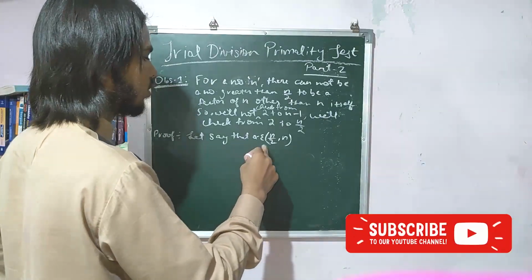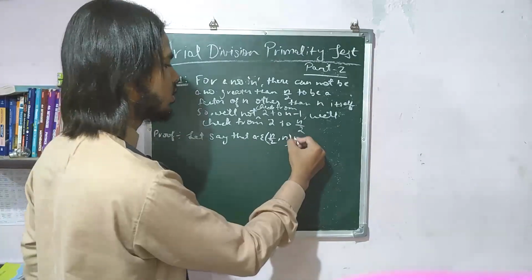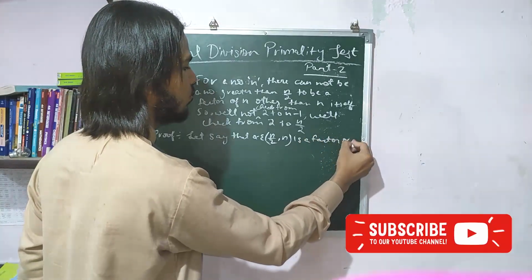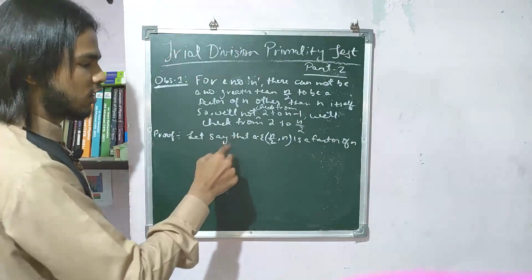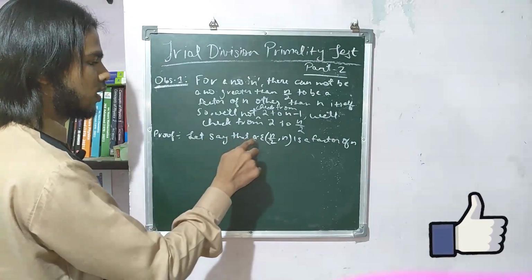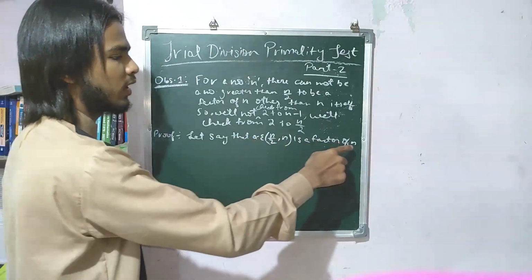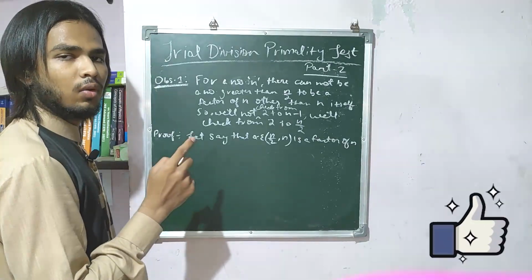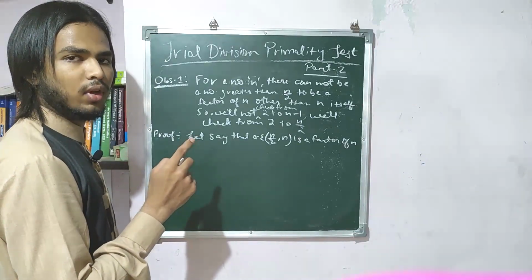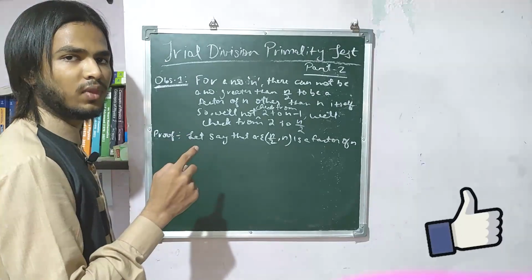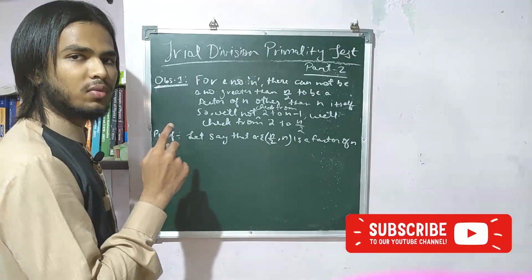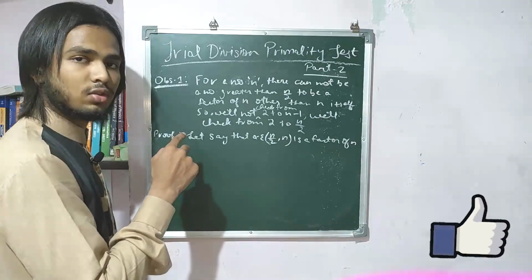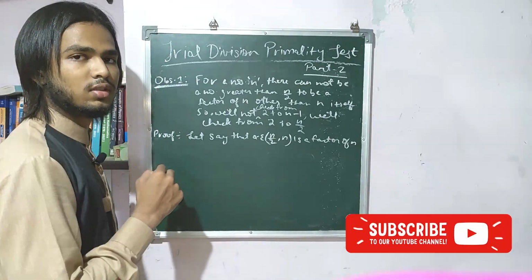That would mean alpha should divide n completely. So when we divide n by alpha, we should get remainder 0 and the quotient to be some integer. But it is not the case.